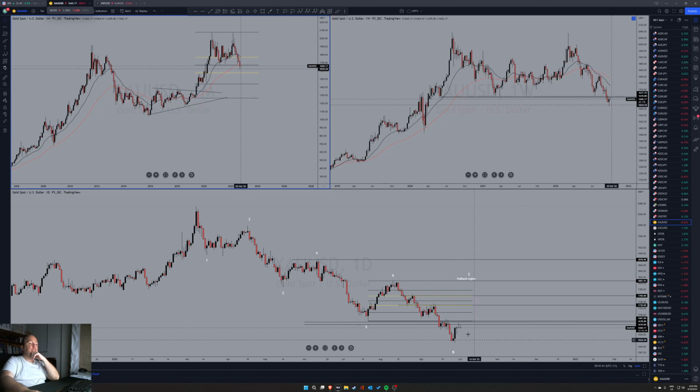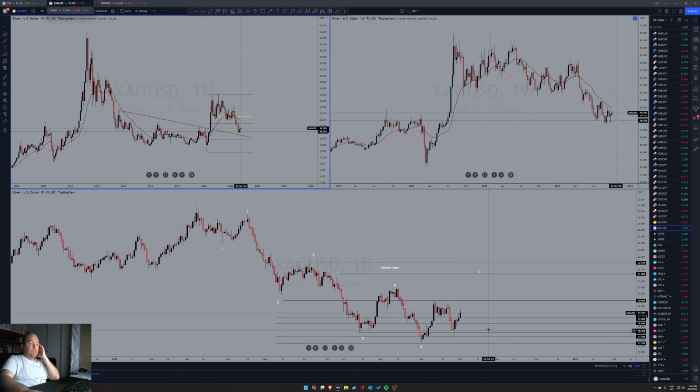Until then, I'm still looking for this bearish movement to continue. Silver needs to break here, $20.50. If it breaks that, then it needs to get up to at least here before even thinking about that. But at this stage, this is the first level I'm watching. Or will we roll over and make a low?